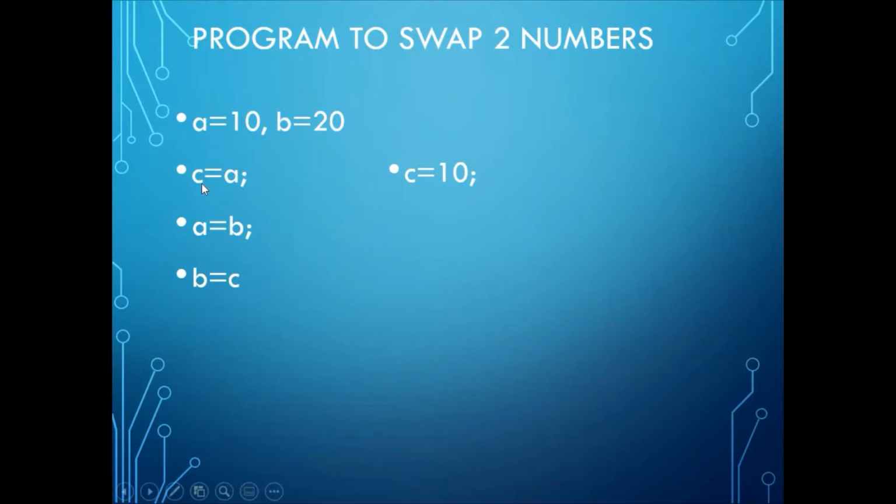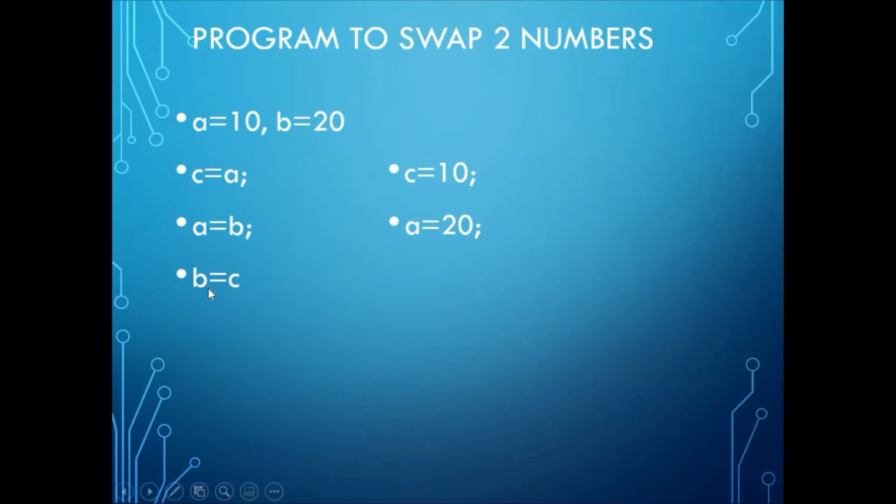When the statement C is equal to A is executed, as A has the value 10, that will be assigned to the variable C. So after the execution of the statement, C value will be 10. After executing A is equal to B, A stores the value which is stored in B, that is 20.